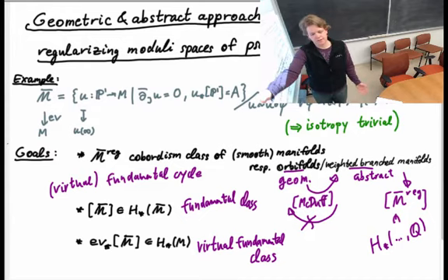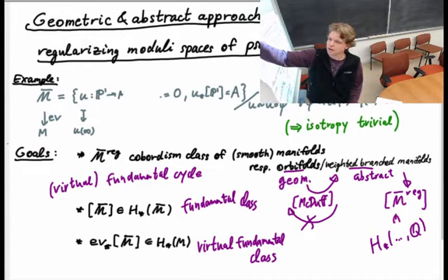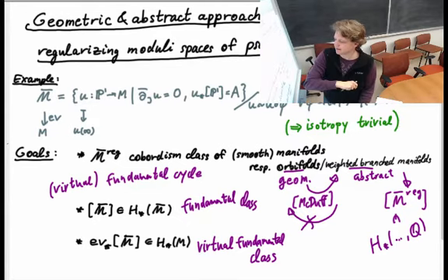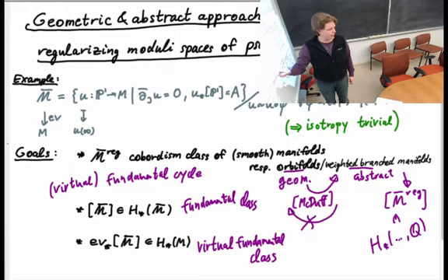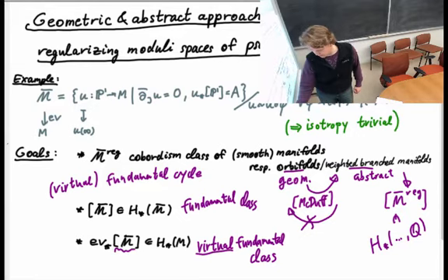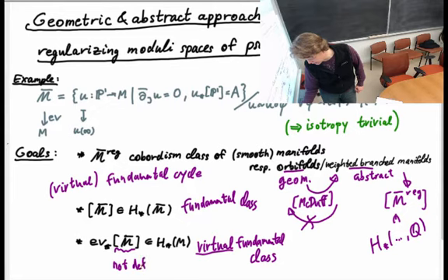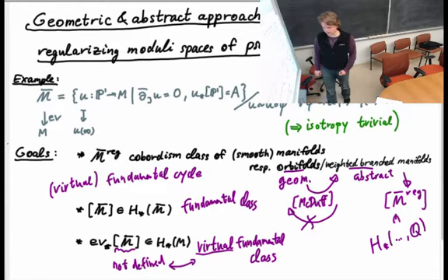That's a nice continuous map. So if there's a fundamental class here, of course you could push it forward. And the word virtual here refers to not actually defining M bar by itself, but just defining its push forward. So that's the official meaning, I believe, of virtual.